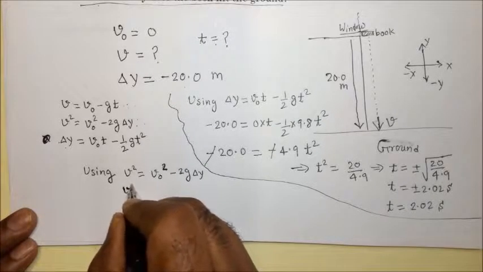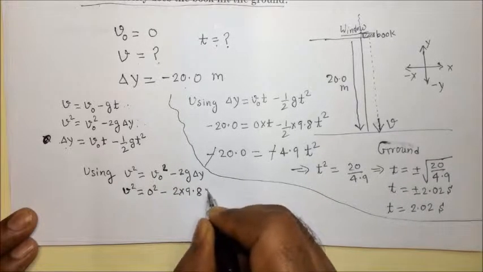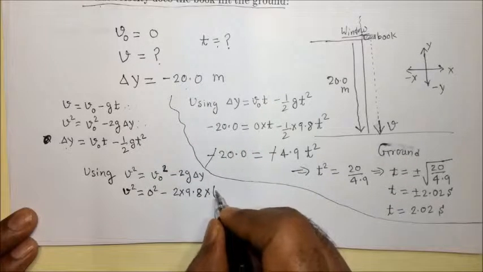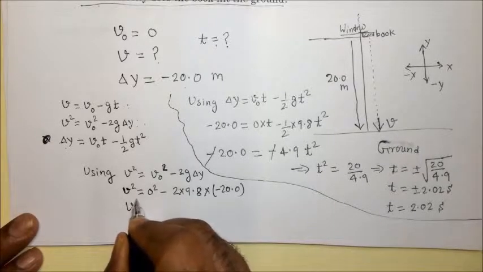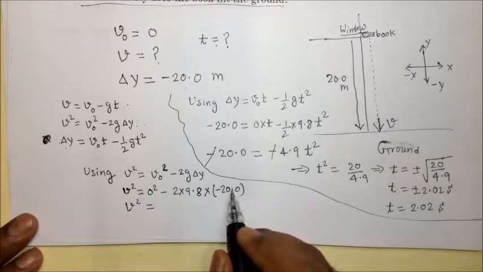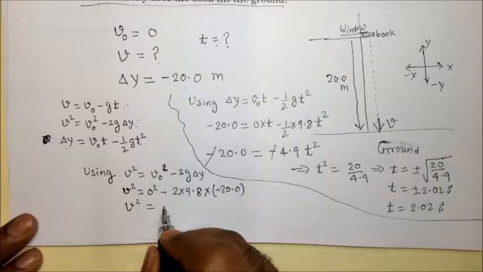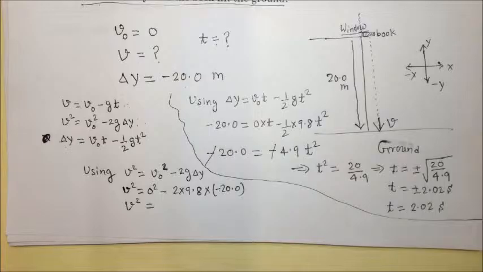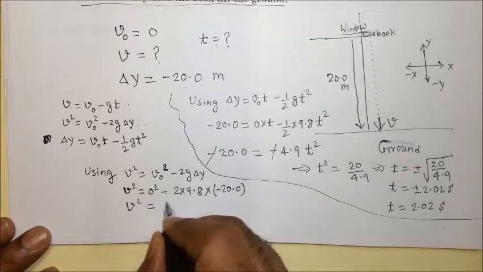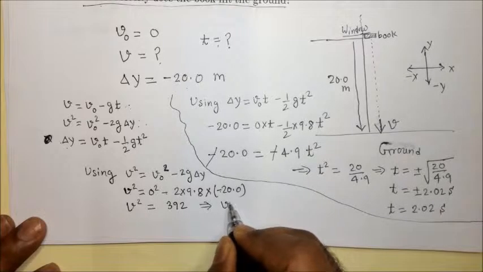V final, which we don't know and are looking for, is equal to 0 square minus 2 times 9.8 times delta y, which is minus 20. V final square is equal to, this minus and this minus will become plus, so 2 times 9.8 times 20. How much will this give? This is 392.